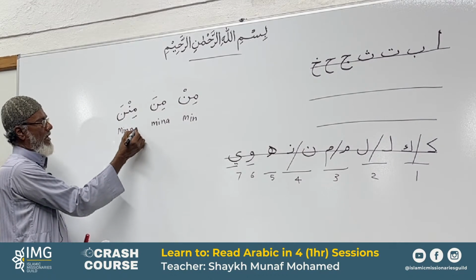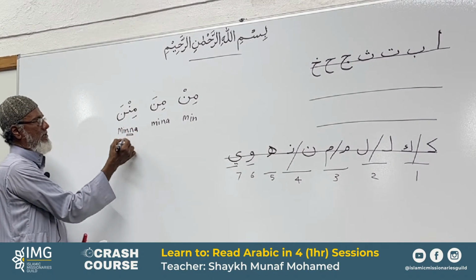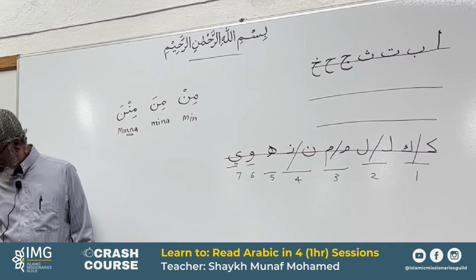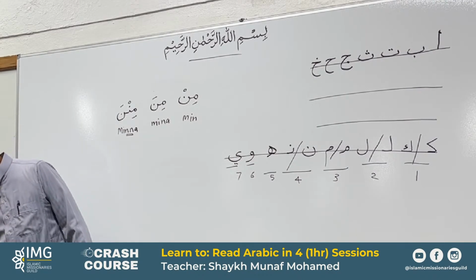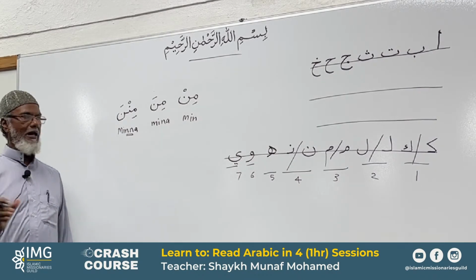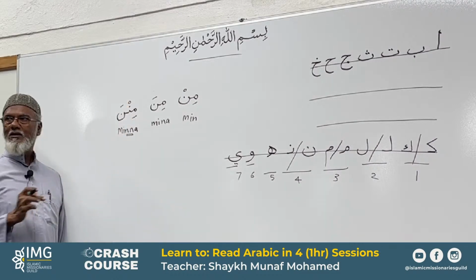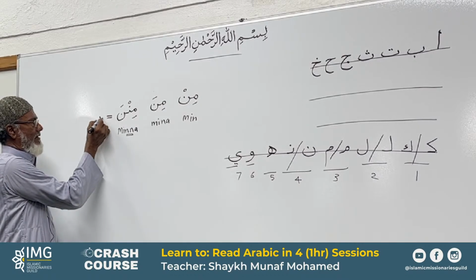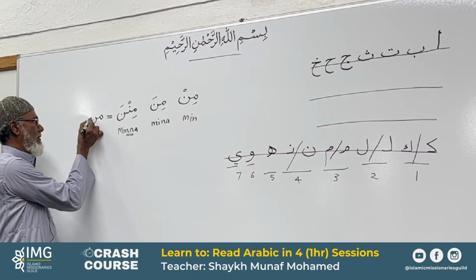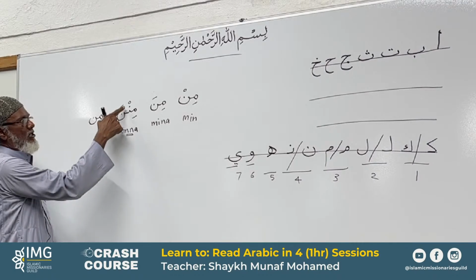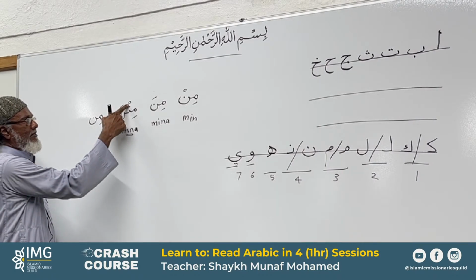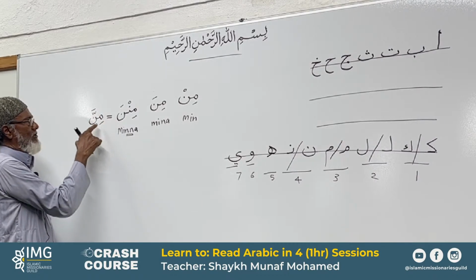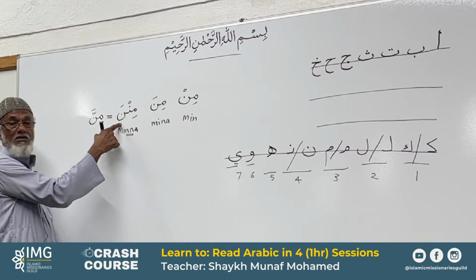So what we are noticing here is we have two noons. Whenever the Arabs have a word with two of the same letter, and the first one has a sukoon, they write it only one time. So they write it like this, and then they change this sign. So this is the same as this.